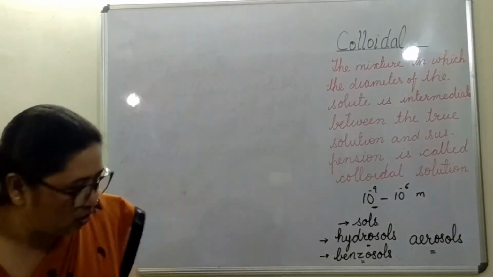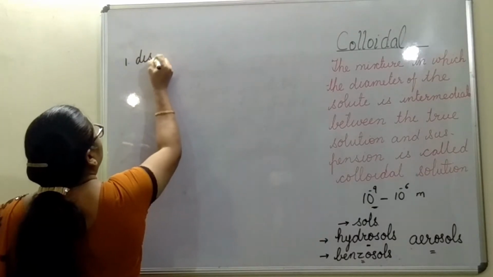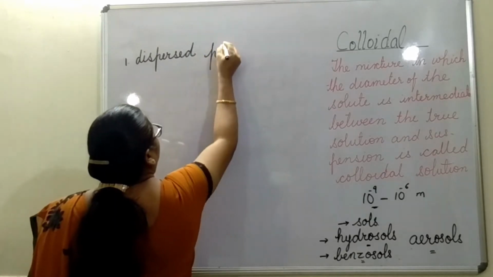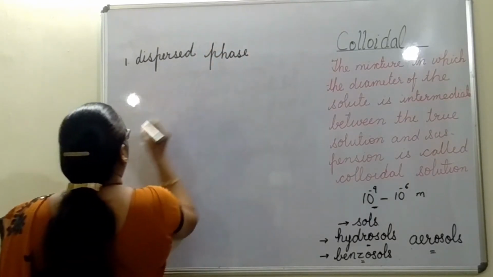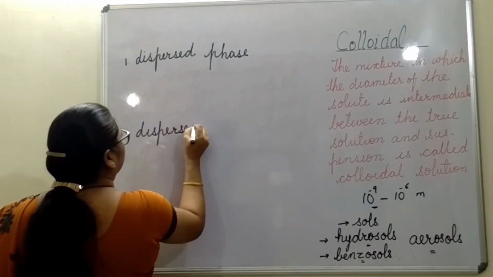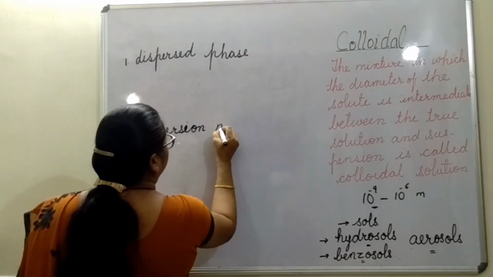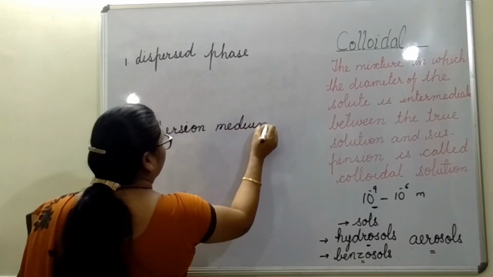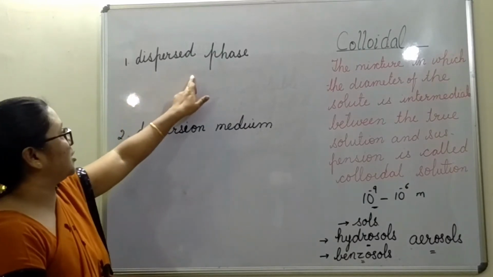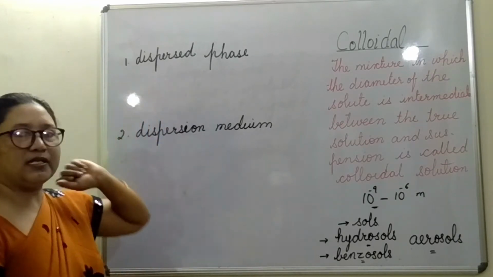Colloidal solution consists of two phases: one is dispersed phase, and second is dispersion medium. Now we will see what dispersed phase is.